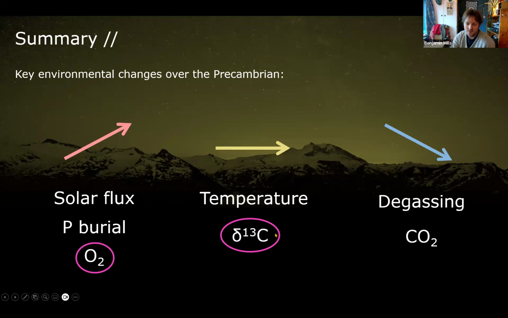Photosynthesis produces carbon that is more lightly fractionated, so it's more carbon 12, which means that the more photosynthesis you do, this ratio in carbonates becomes heavier and heavier, because this is the inorganic sink. So you might assume that if we're doing more and more photosynthesis over time, we're burying more and more carbon, we're producing more oxygen, we might expect delta 13C to be on a constant rise over Earth history.